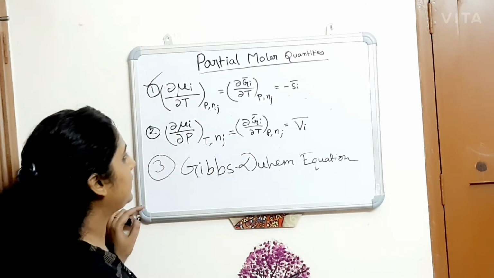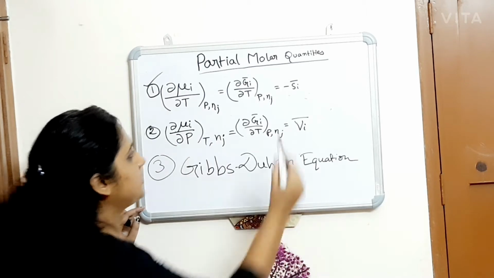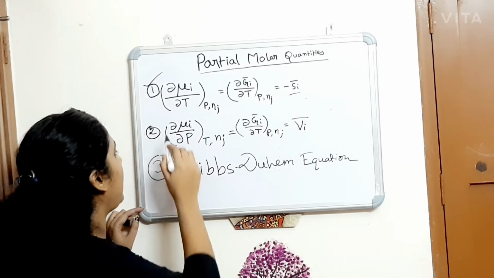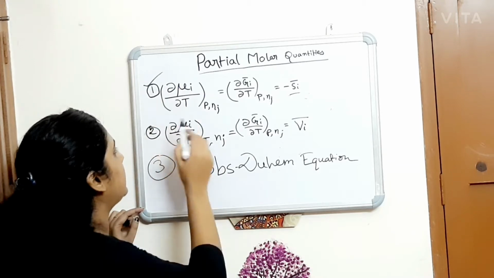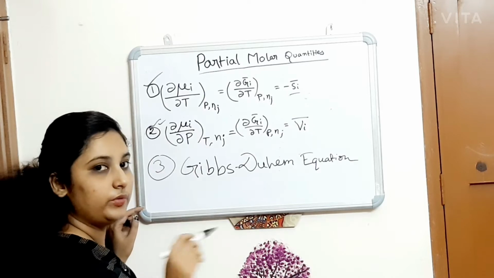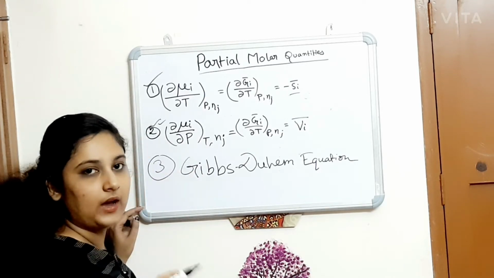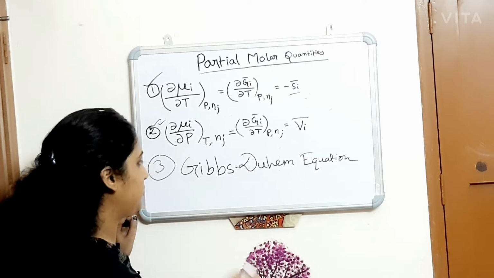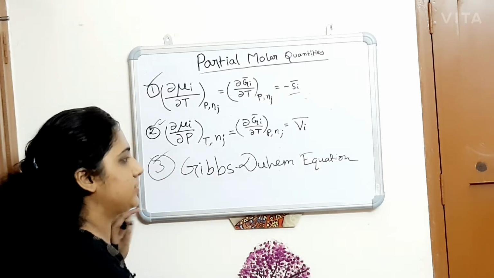Second, I will derive this equation, and by following the same rule you can derive this equation also. Do it by yourself. If you can't derive it, then tell me in the comment section, I will derive it in the next video. And last is the Gibbs-Duhem equation.